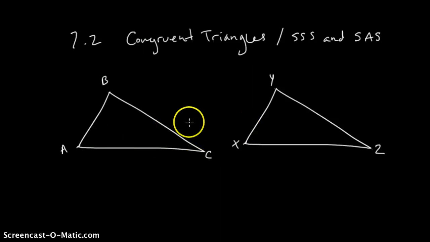So here I have two triangles. And in the previous section, you had to look at all the corresponding parts to see if they're congruent. Remember CPCTC, corresponding parts of congruent triangles are congruent. So you look at every side, match it up with its corresponding side.